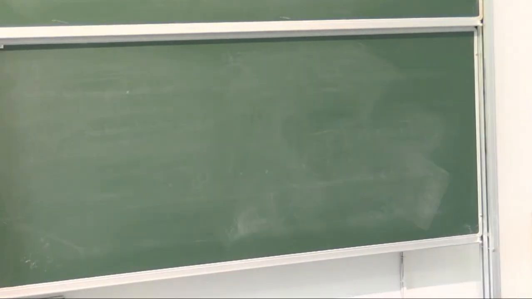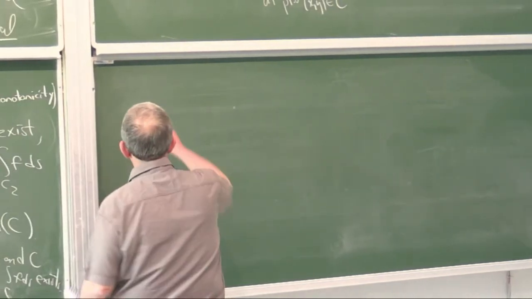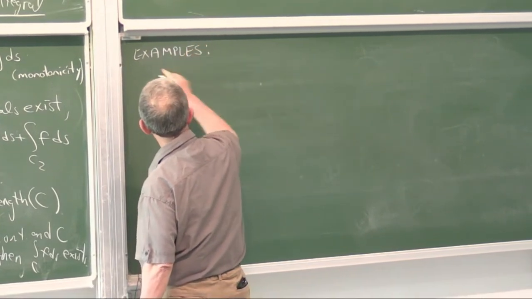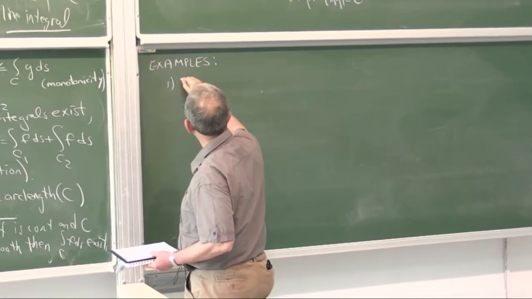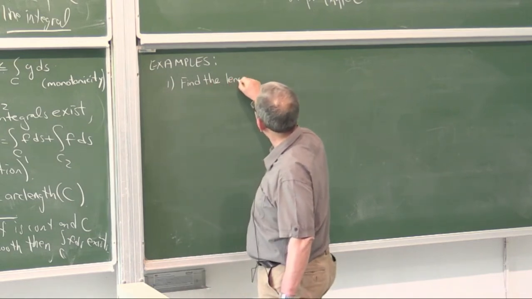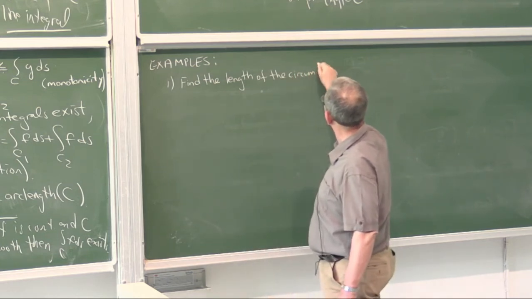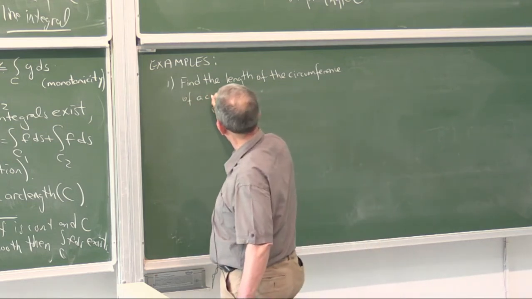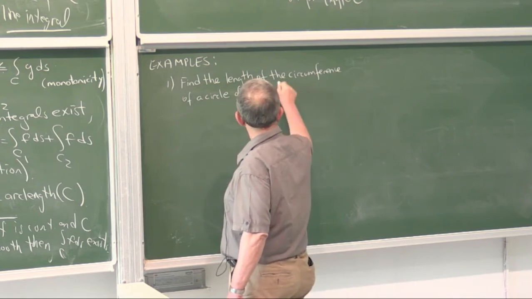Okay, to do some calculations, let us work on some examples. To start with a simple example, let us find the length of the circumference of a circle of radius r.